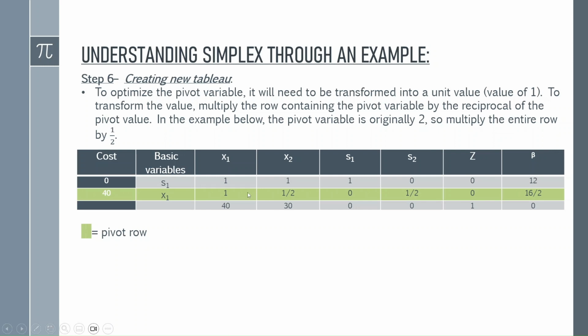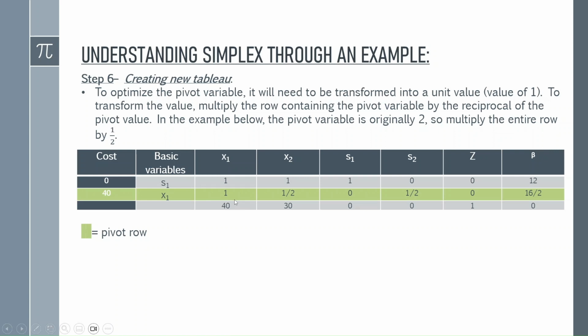So we do this in order to perform row operations in the table. We want all the elements in the column corresponding to the pivot column to be 0, other than the pivot variable. We need to nullify the values in the pivot column.